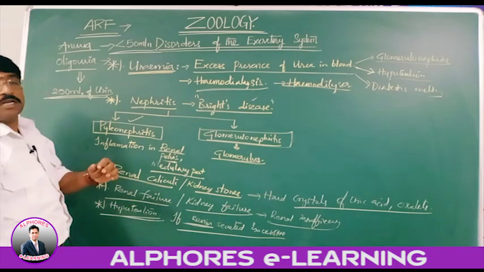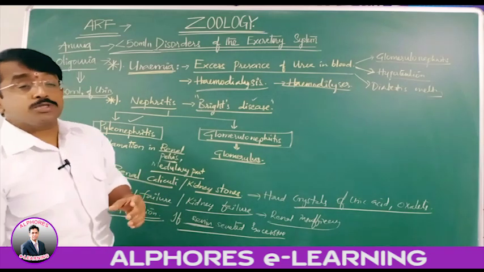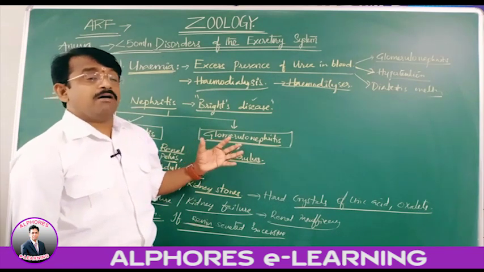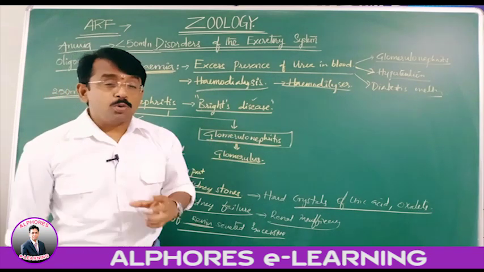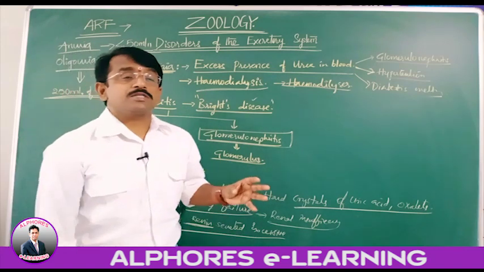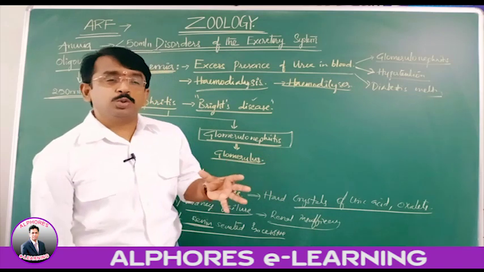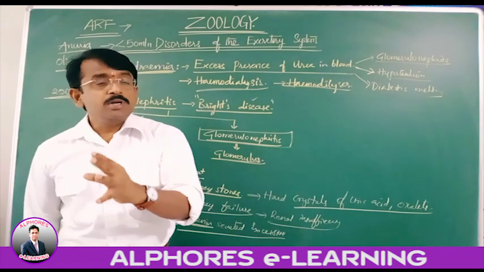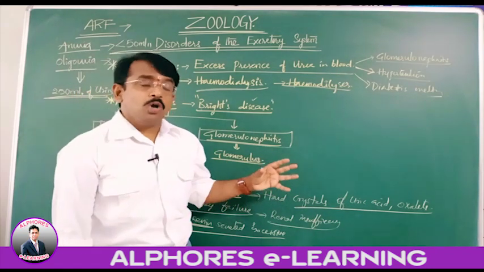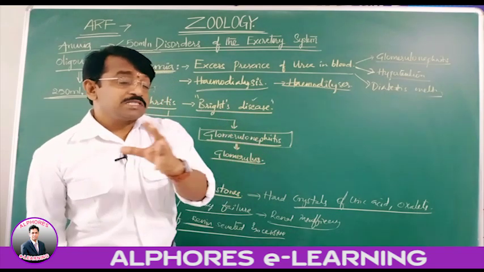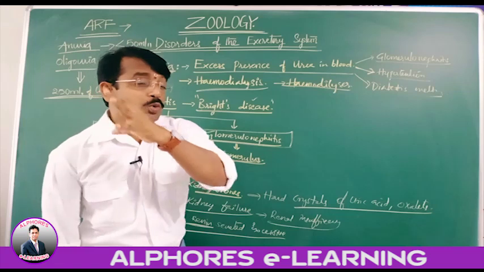In this connection, a few more need to be discussed related to the malfunctioning of the kidneys. For instance, if excess hemoglobin is sent out through the urine, it is hemoglobinuria.